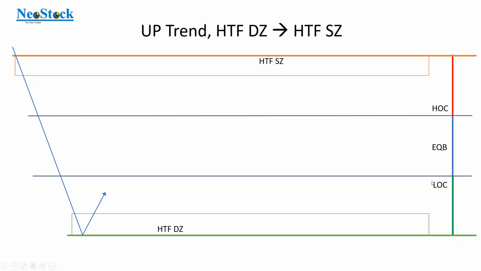Low on the curve and the equilibrium area are favorable to the buyers, that means favorable for long trades. And we also learned that high on the curve and the equilibrium area are both favorable to short trades.